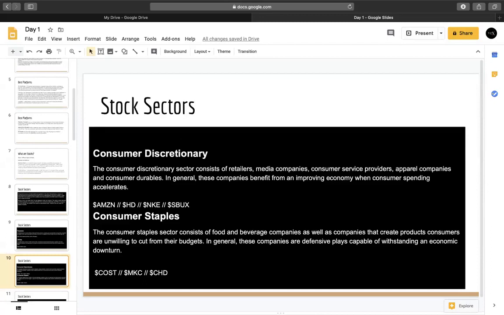In general, these companies benefit from an improving economy when consumer spending accelerates. Amazon, Home Depot. These are both trades that we take every single day. They have a lot of liquidity and a lot of volume every day. So these are stocks that move. That's why we trade them.